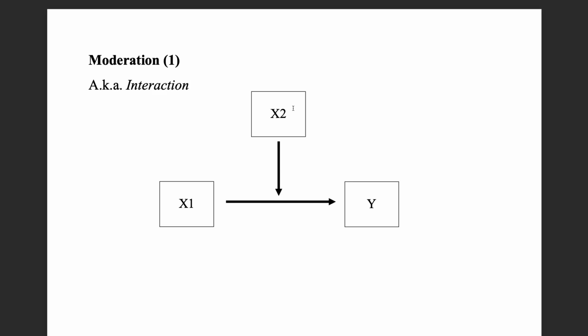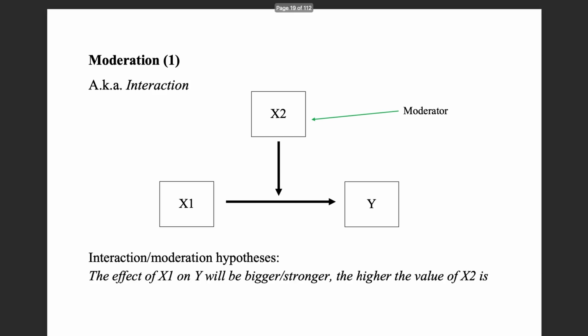It is a third variable that modifies the relationship between X1 and Y. We refer to that third variable as the moderator variable, because it moderates the relationship between the independent variable that we start out with and the dependent variable.